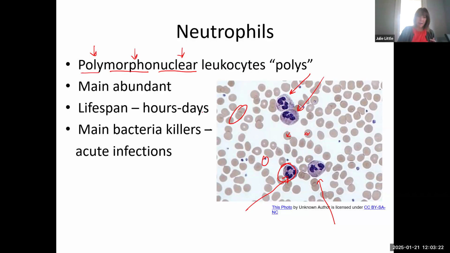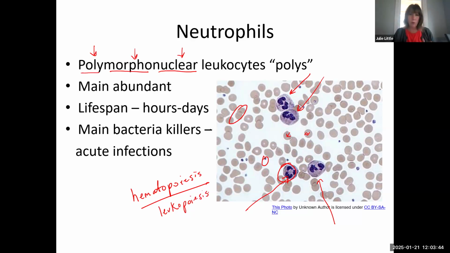And their lifespan can be hours to days. If you remember, hematopoiesis is the term for making blood, and we did this in a previous lecture. We also followed up and did specifically our white blood cells, leukopoiesis, the formation of our white blood cells. That hematopoiesis and leukopoiesis occurs in our bone marrow by the hemocytoblast.